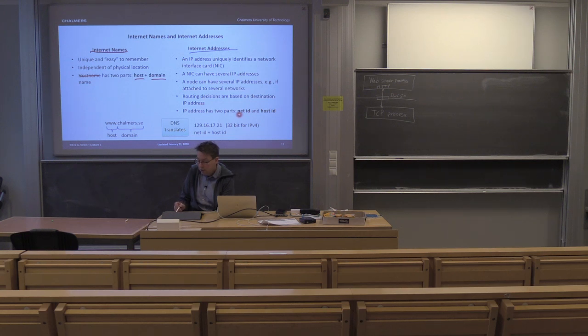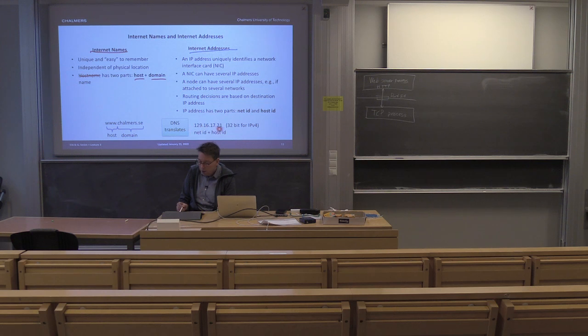And IP addresses have two parts, a net ID and a host ID. So a version 4 IP address is usually written like this, 129.16.17.21. We have 4 groups here. It's 8 bits per group, so it's 32 bits in total.